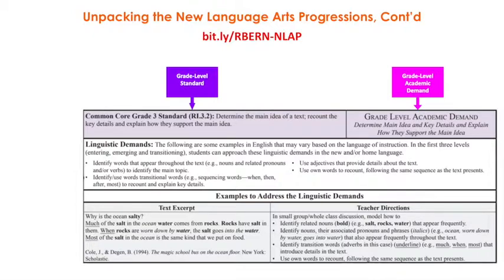Underneath the standard and the academic demands are linguistic demands of the standard. The new language arts progressions list the linguistic demands of each standard, meaning if a student is to achieve success with Standard Reading for Information 3.2, these are the linguistic features the student will need to learn from you.